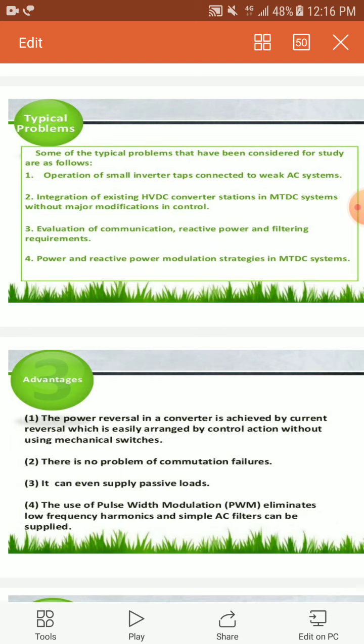These are the major typical problems in multi-terminal HVDC system.